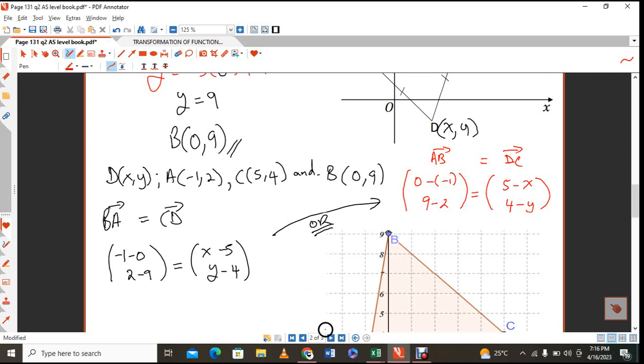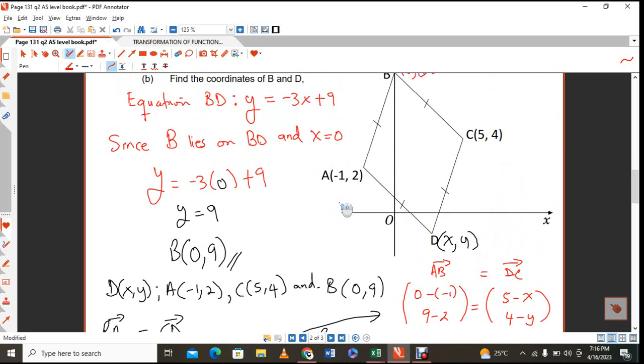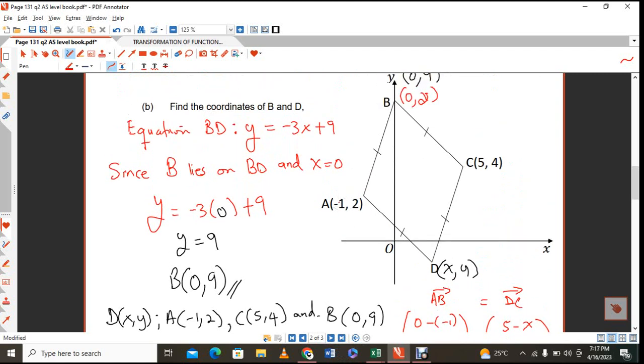Anyway, basically what that means, if I go to AB, if you look at the distance from A to B, we are talking about this distance here. When you are comparing the vertical distance from here all the way up to here, you will realize that it must be 9 minus 2. This vertical distance here has to be 7. And when you compare this distance here, that has to be your x value, which is going to be 0 minus negative 1.